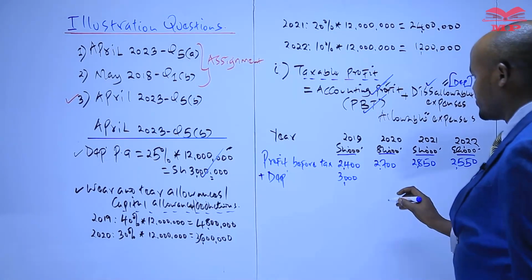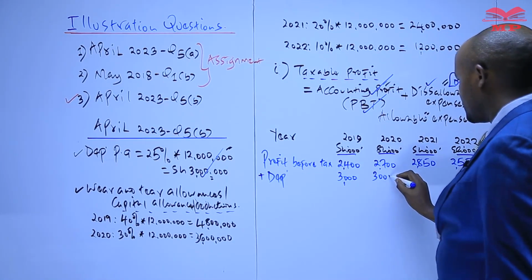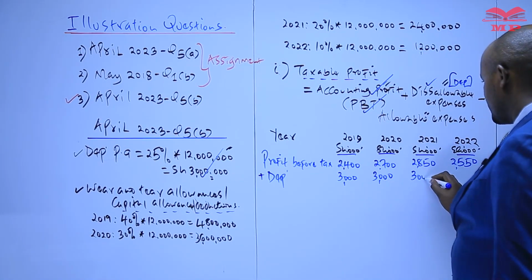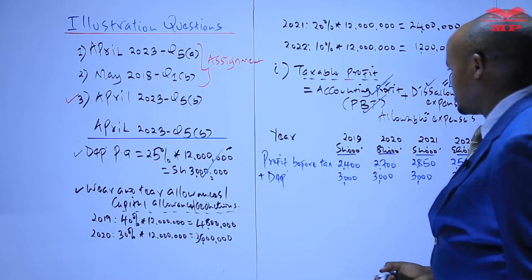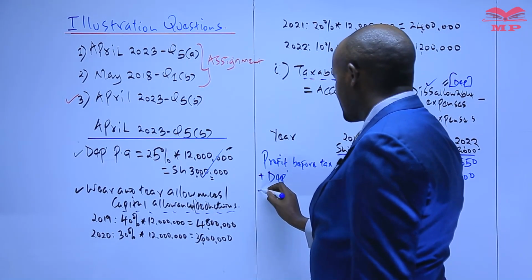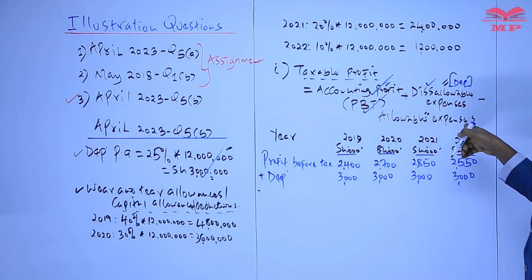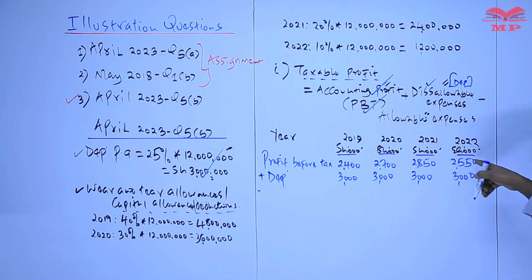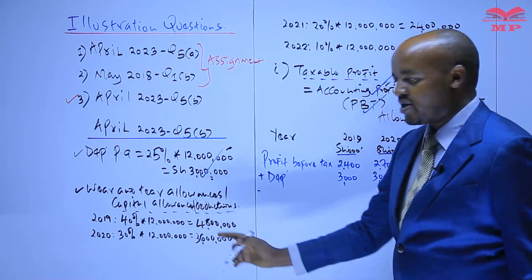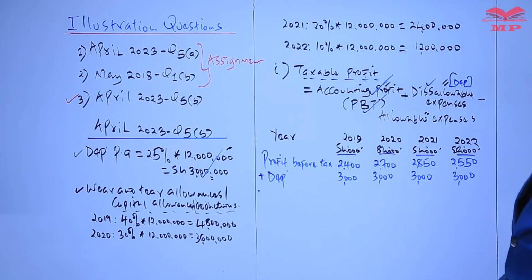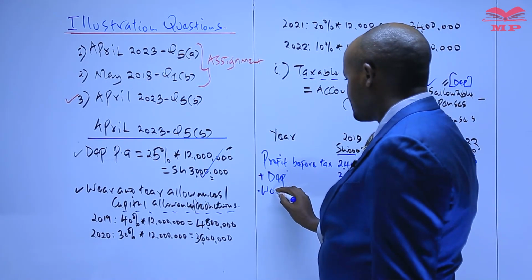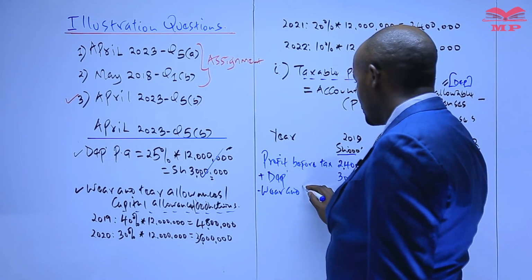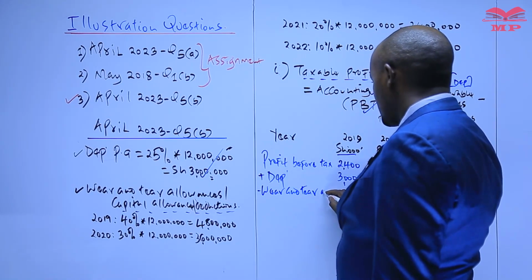The depreciation for 2019, 3 million. For this year, 3 million. 2021, 3 million, and that year 3 million. So we add back that, and then to this now we less the allowable expenses, which have not been deducted in arriving at this profit. It is this capital allowance, or these wear and tear allowances. So we less wear and tear allowances.